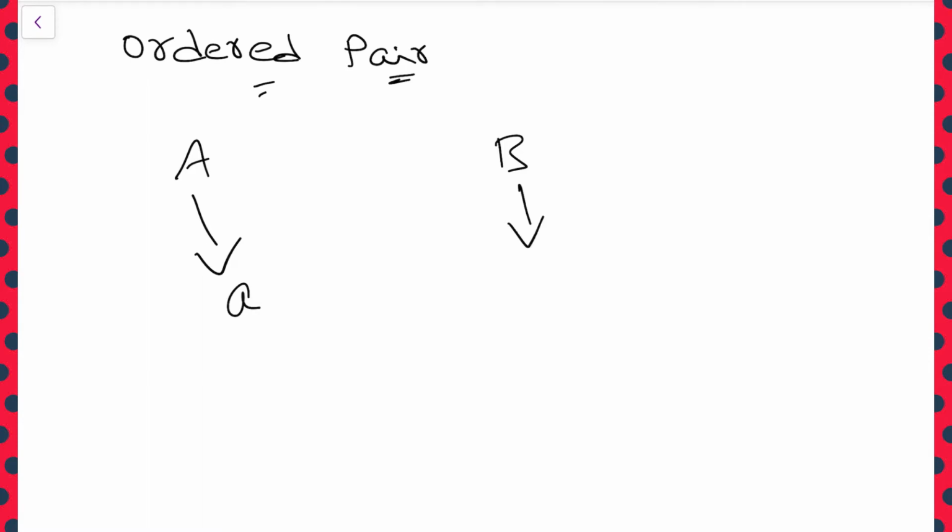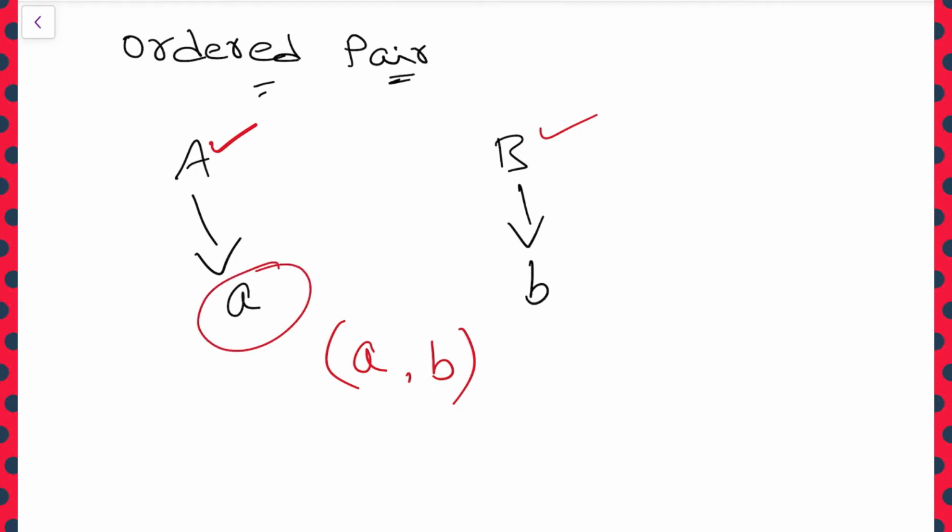From set B also, I will take one element, b. These two elements, a and b, if I write it like this, (a, b), kept in brackets, then that is called an ordered pair. Let A and B both be sets, with small a belonging to capital A and small b belonging to capital B. Then this (a, b) is an ordered pair.